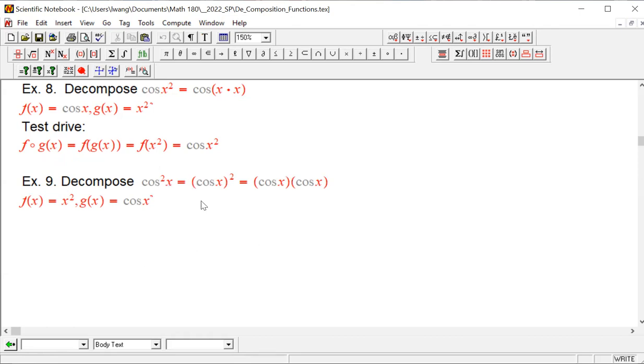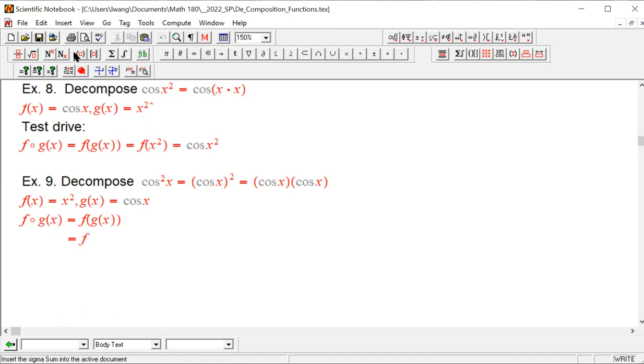Now number 9, however, because we see square first, the outside is f of g of x, which is f composite g, right? The same drill. But you can see because of order of operation, we have to know how the operation is done.